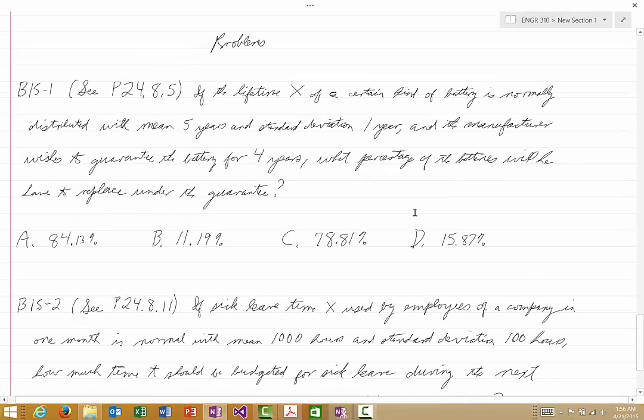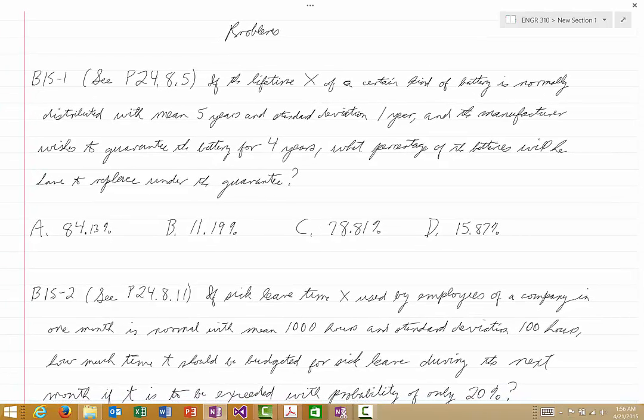So now let's look at some problems for lecture B15. Both of these problems are very similar to problems in the book. The first one, B15-1, is very similar to problem 24.8.5.